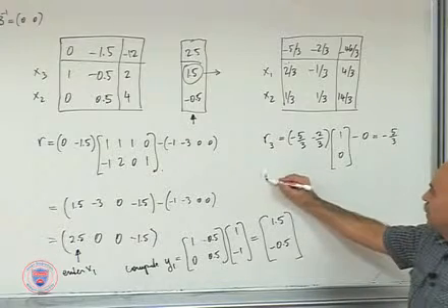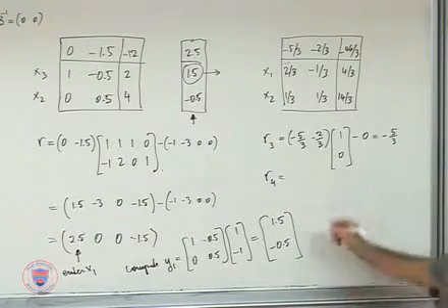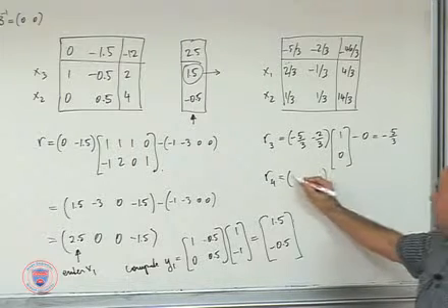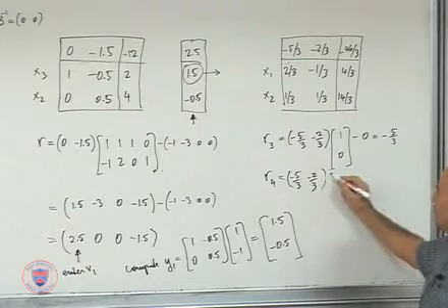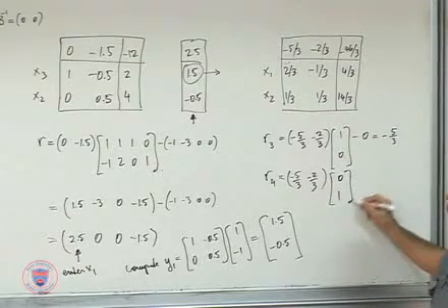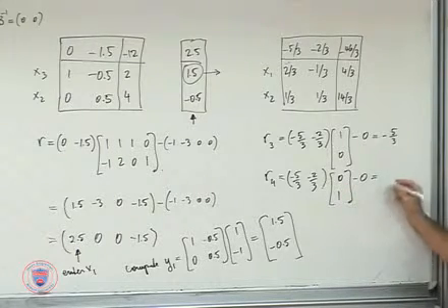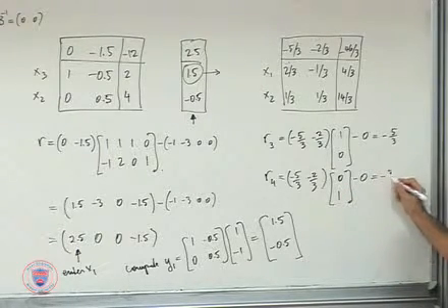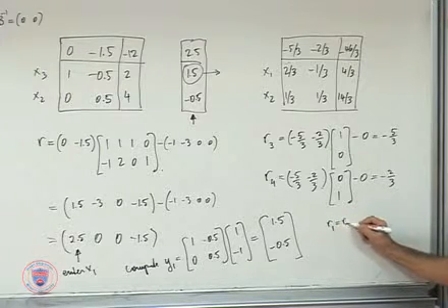Yeah. R4, which is the next reduced cost for the non-basic variable, is going to be the same W times 0, 1 minus 0 again. That will give you minus 2/3. And R1 and R2 are, of course, 0.